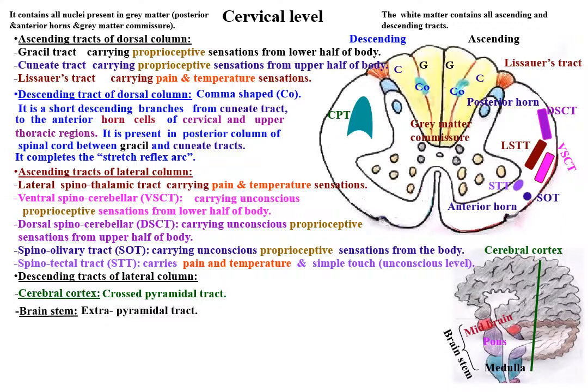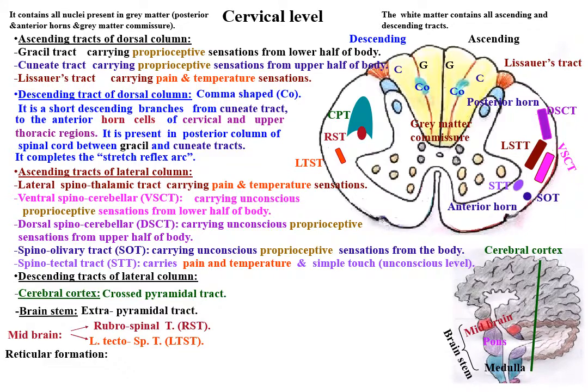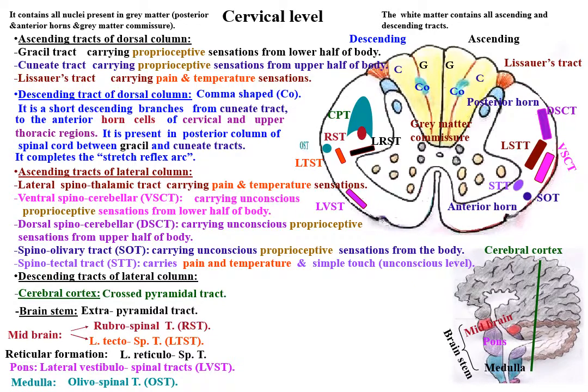Those coming from the brain stem are, from the midbrain, the rubrospinal tract, lateral tectospinal tract, and from the reticular formation of the whole brain stem, lateral reticulospinal tract. Those coming from the pons, lateral vestibulospinal tract. Those coming from the medulla, olivospinal tract.